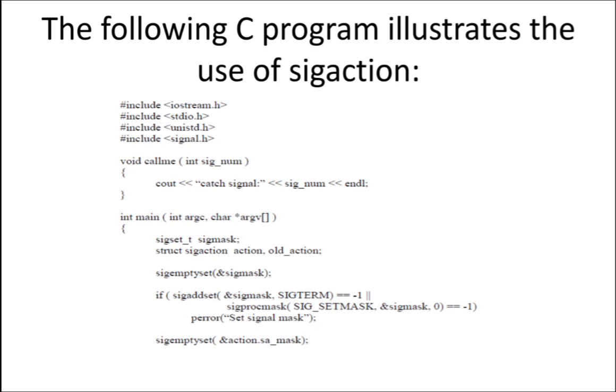It's very simple. First it will check whether the signal mask is there or not. If it is not there, it will print the error that the signal mask is not set. If it is there, it will catch the particular signal present in the signal mask, check the action, and apply that particular action to that signal. Hope you are understanding, guys.